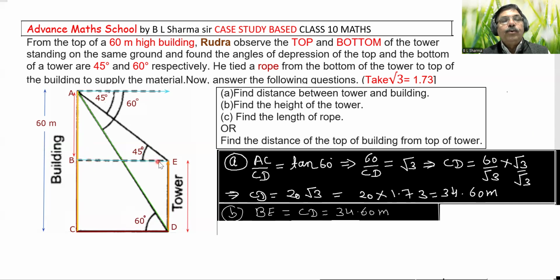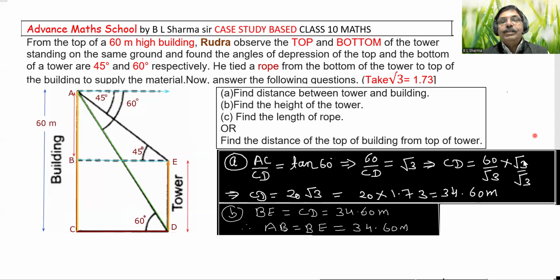So AB will be equal to BE. You can find out the value of tan 45 is 1. So AB is equal to BE. Here BE is 34.60 meters, so AB will also be equal to 34.60 meters. But we have to find BC, because BC is equal to DE. So for BC, what do we do? You subtract 34.60 from 60 meters. This total is 60 meters, this is 34.60.